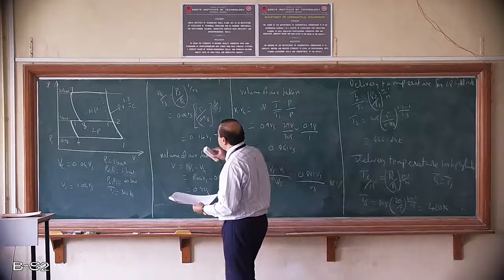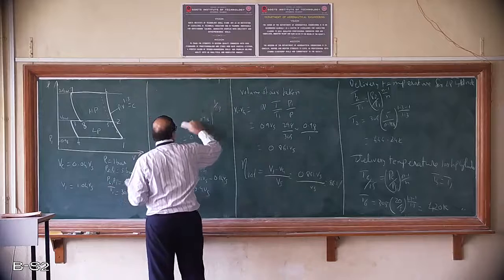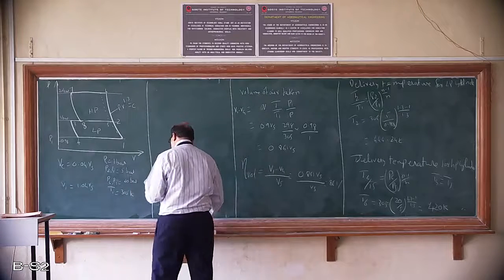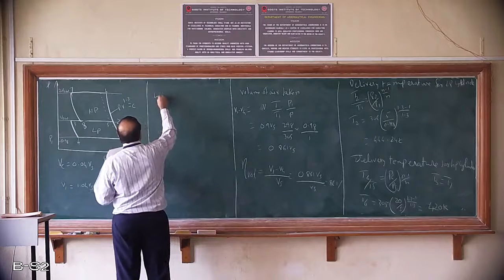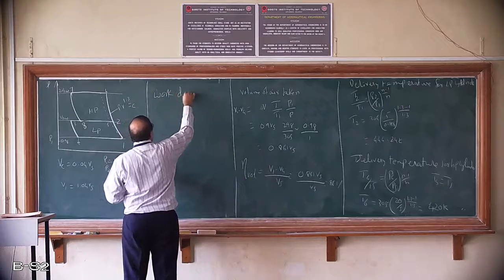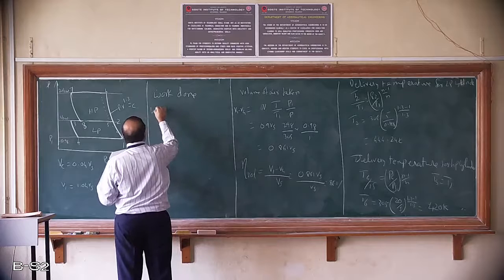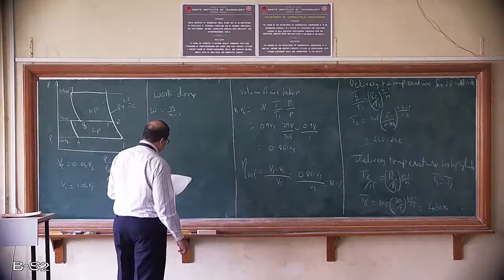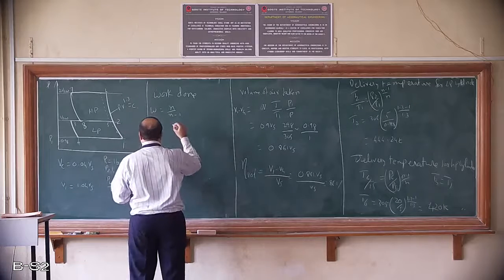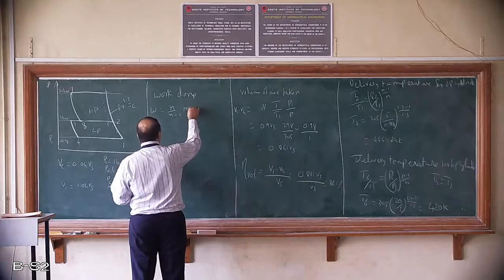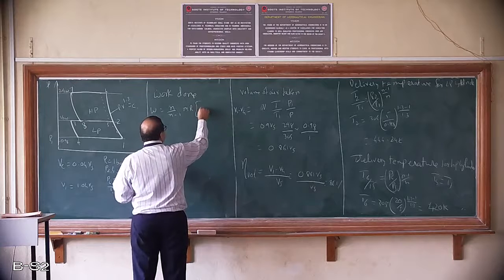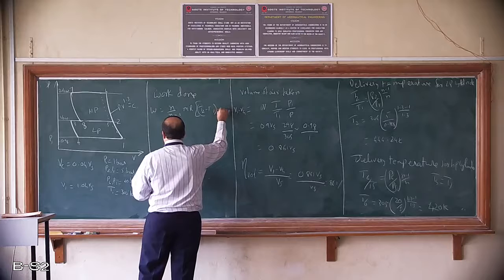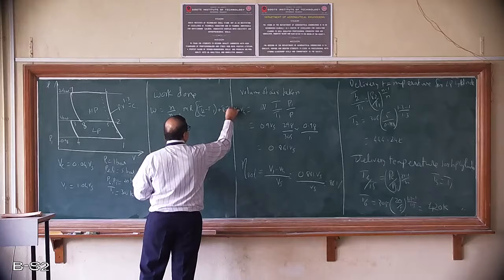So once we know this, we'll calculate the work done now. W is equal to n by n minus 1 into m R times T2 minus T1 plus T6 minus T5.